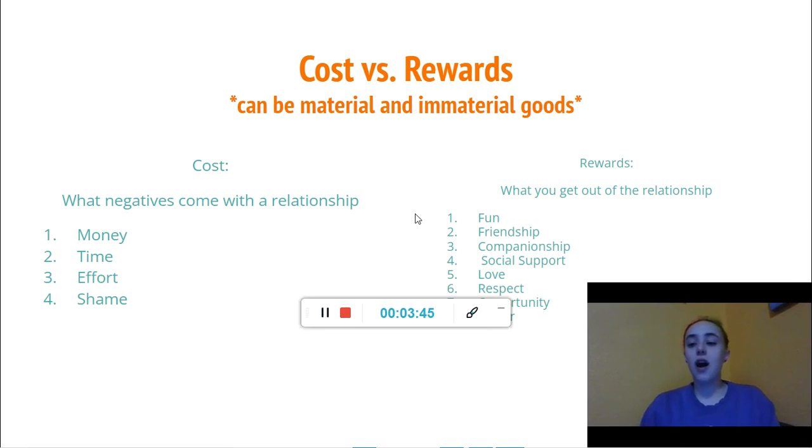They can come from things such as fun, friendship, companionship, social support, love, respect, opportunity, and power. Costs are seen as the negatives that come from a relationship. They can include money, time, effort, shame. The theory is the study of human behavior, accounting for the situation and the relationship. Psychologists see this theory as extremely individualized because individuals measure all their social interactions to what they personally gain or lose from them.